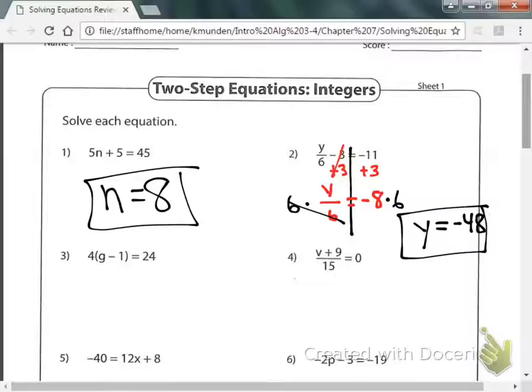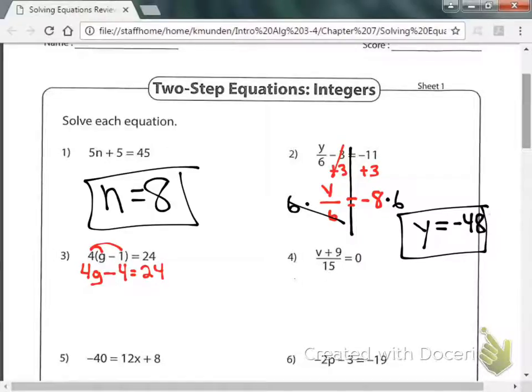Alright, number 3, we have an extra step at the beginning because we need to distribute. So when I distribute, the 4 times g is 4g, minus 4 times 1 is 4, and that equals 24.